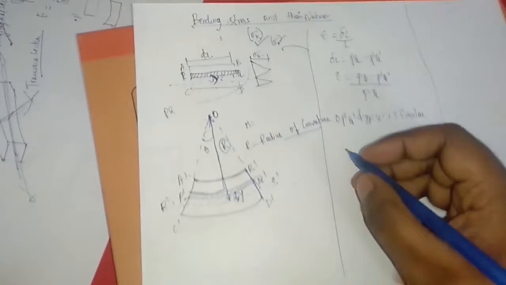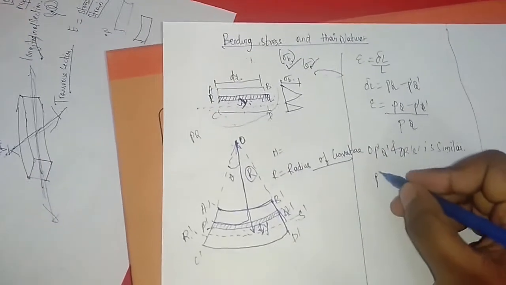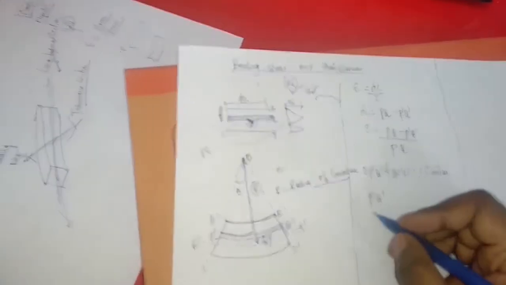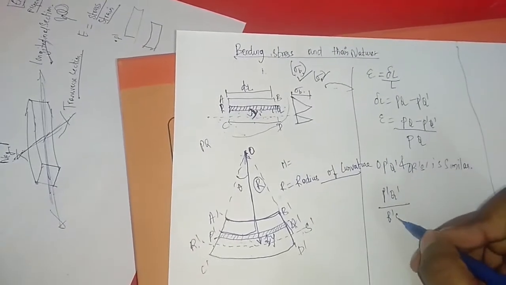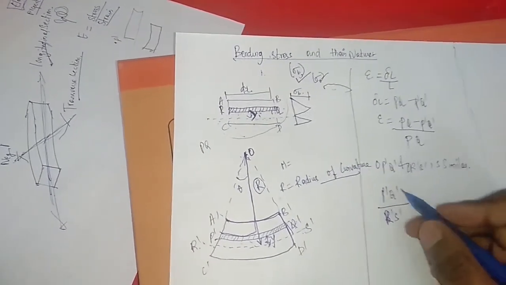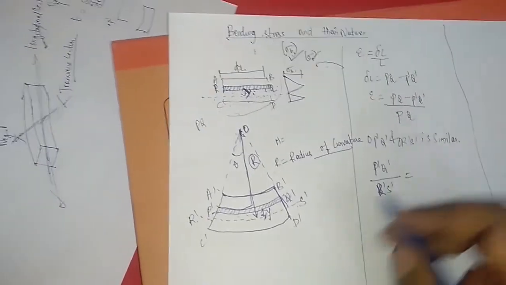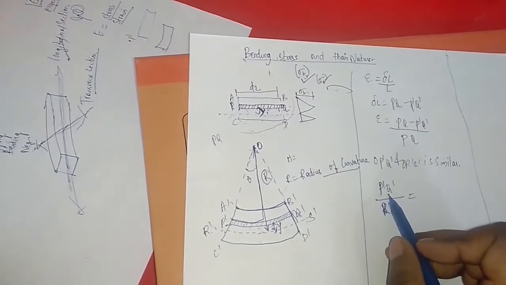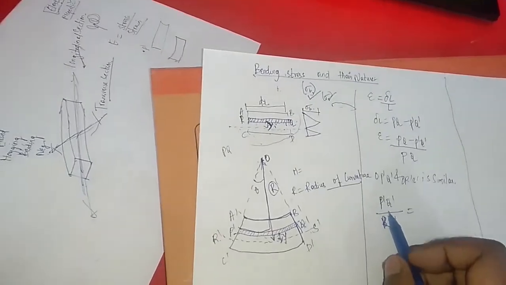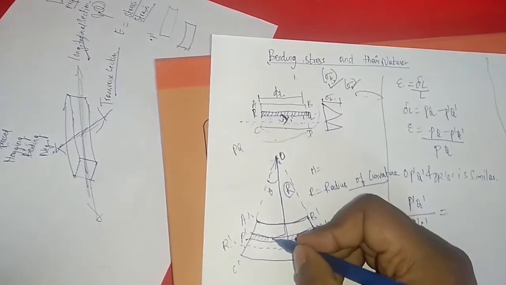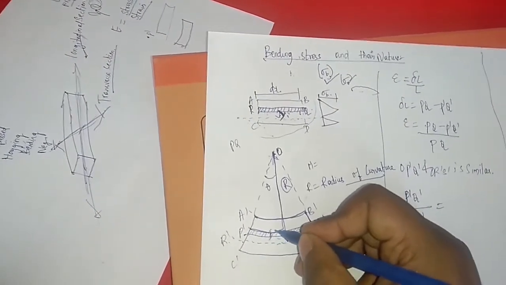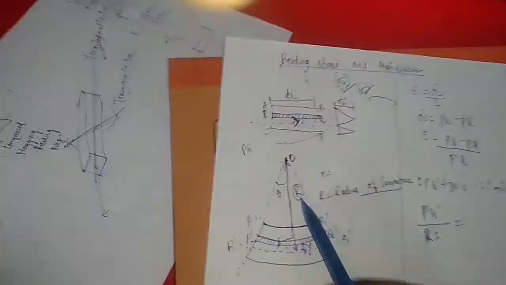So we can write P' Q' divided by R' S', since they are similar. What is P' Q'? It is the thickness of P' Q'. How can we find it?